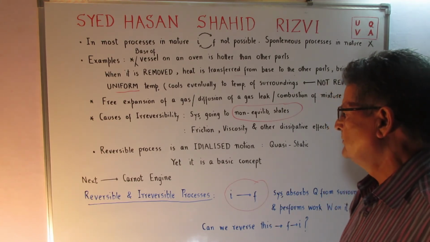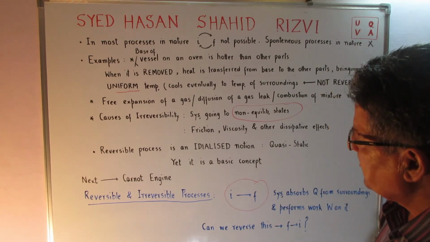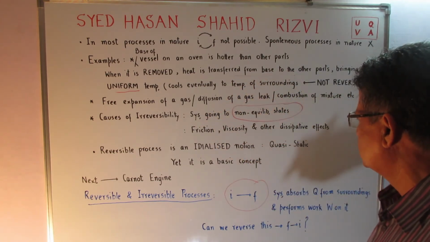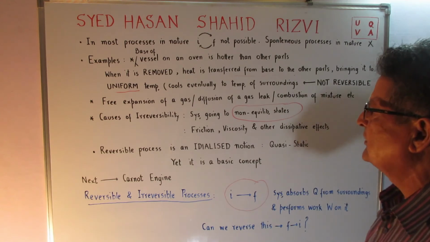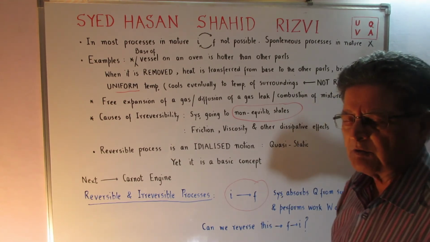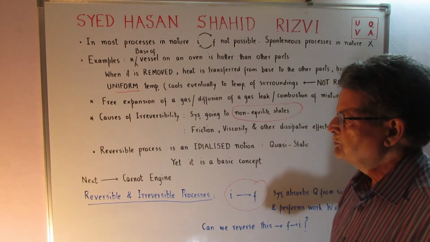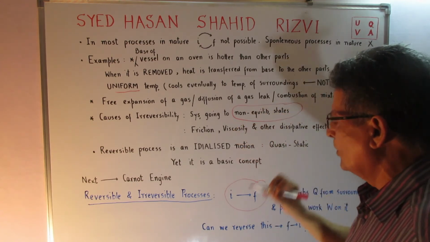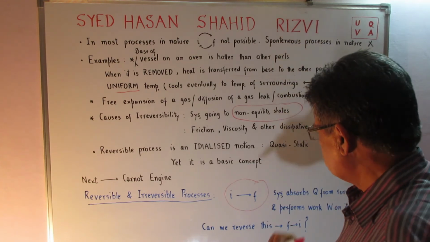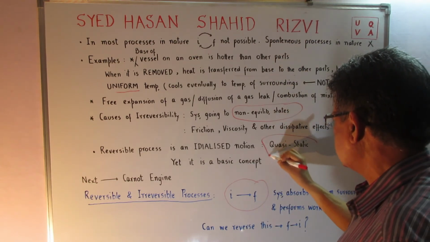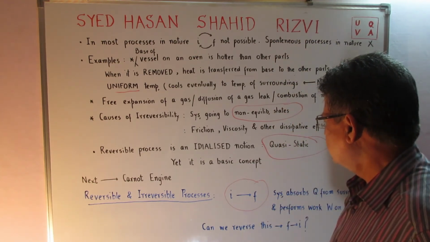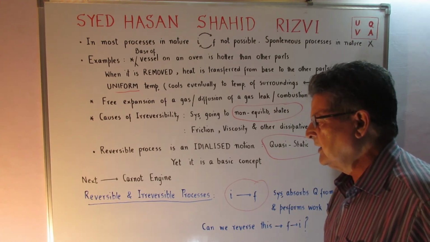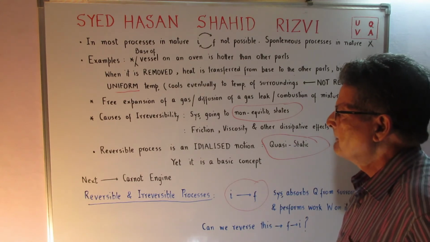Number two, friction or viscosity in the case of fluids and other dissipative effects also don't allow reversibility. So a reversible process is only an idealized notion, because it has to be quasi-static, as if it were static, and has to take place very, very slowly.